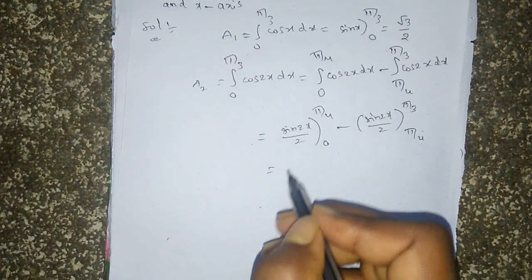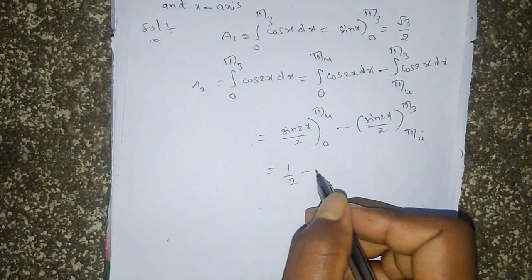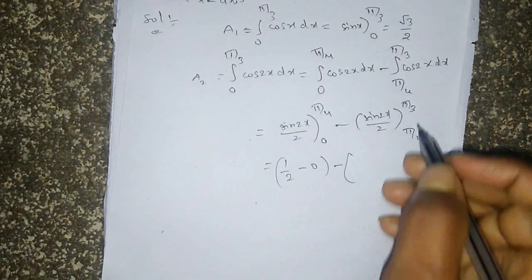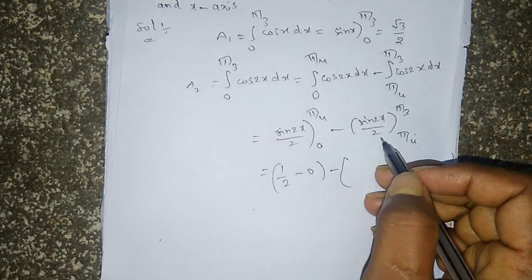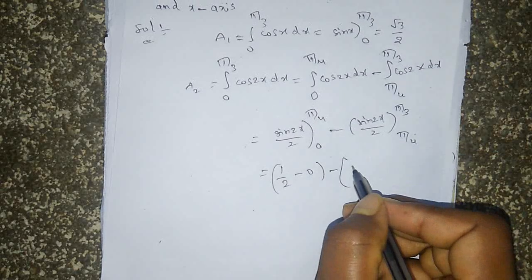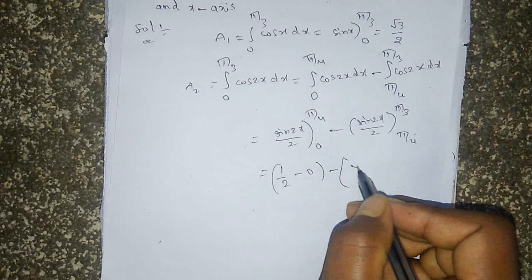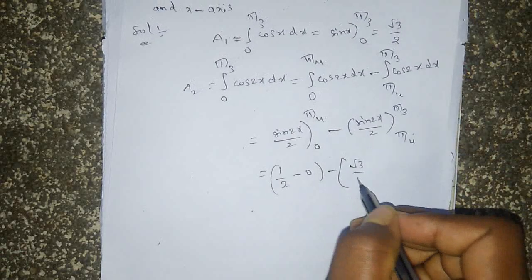This is sin 90, which is 1, so 1 by 2, minus 0, minus sin 2π/3 by 2. sin 2π/3 is root 3 by 2, divided by 2 is root 3 by 4.